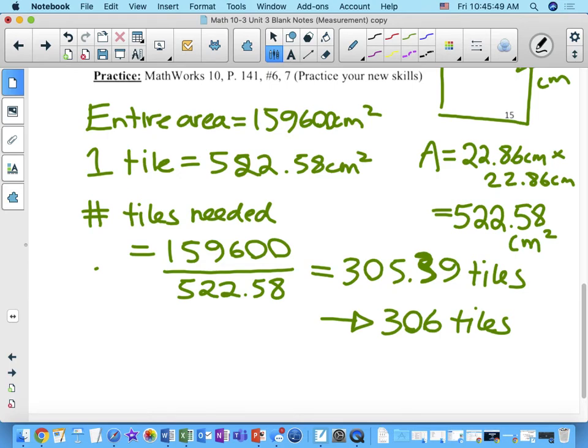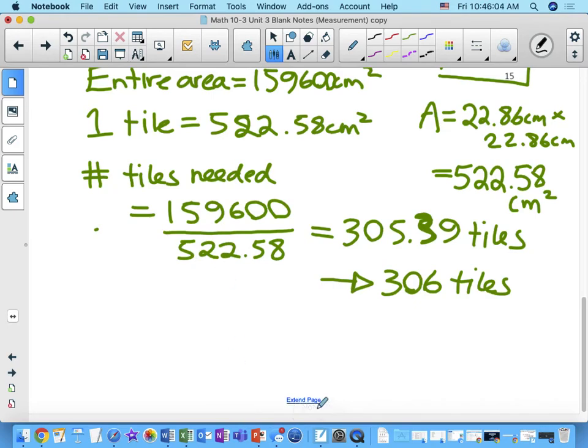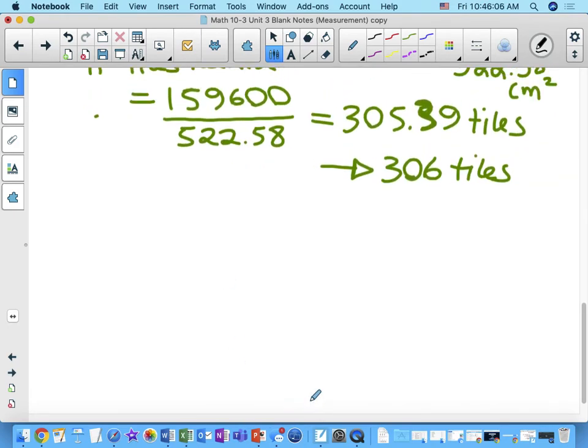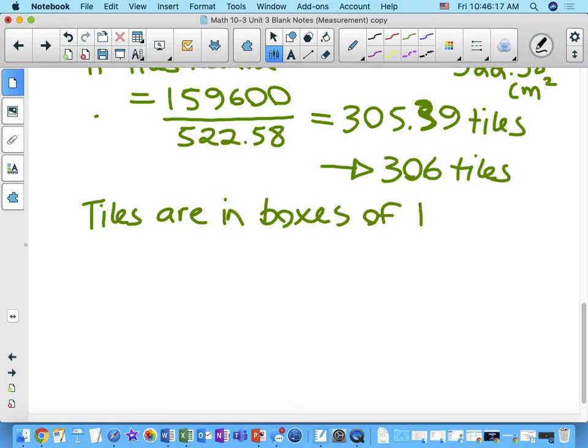Okay. Now the other complication is that you don't buy individual tiles. These tiles are sold in boxes of 12. And we want to know how many boxes we need. If the tiles are sold in boxes of 12, how would we figure out the number of boxes?